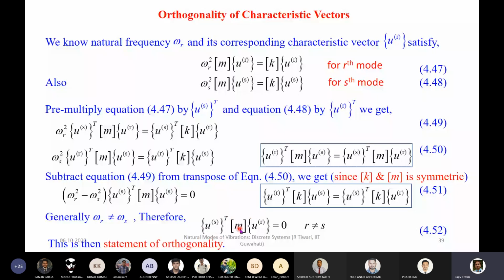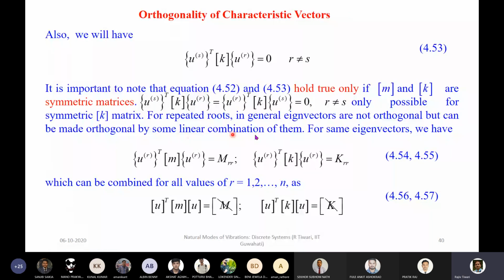Now if this is 0, then if you substitute it here, because this has some value, this also should be 0, because once this is 0 for r not equal to s, if you substitute here, this term will also be 0. So this is the term with respect to stiffness: the eigenvectors of different modes will also be orthogonal to each other.